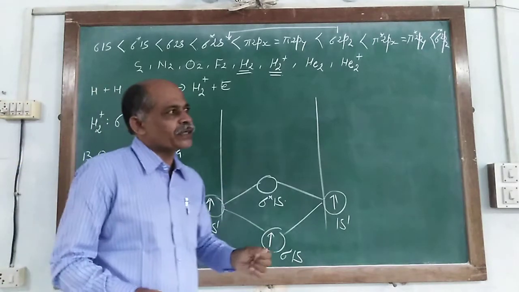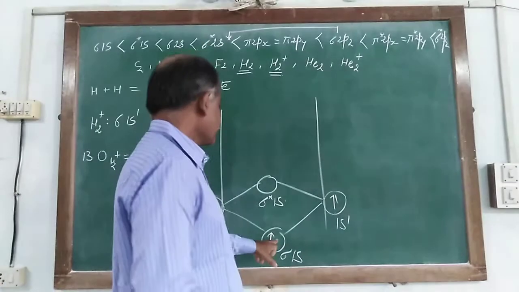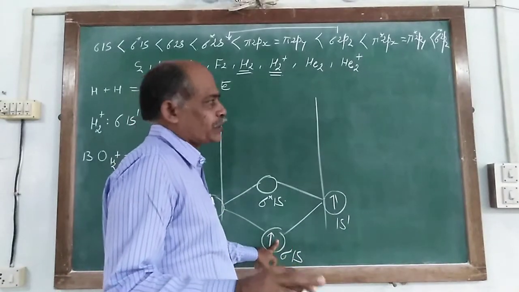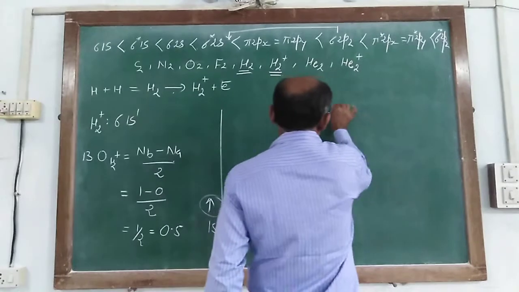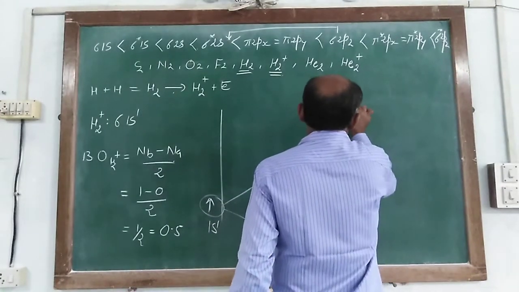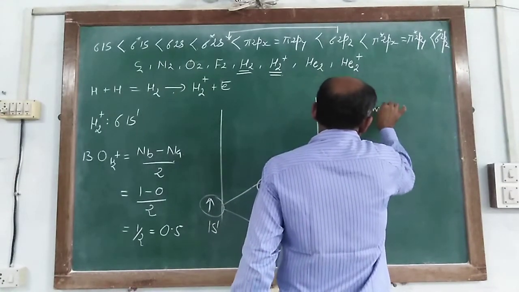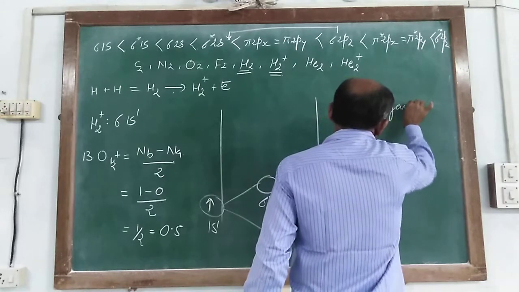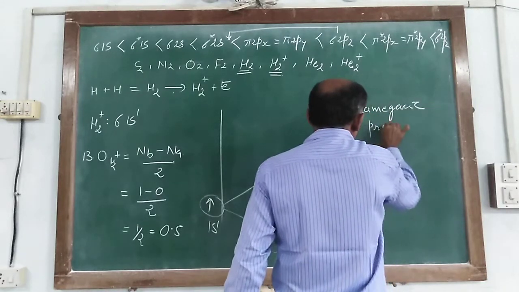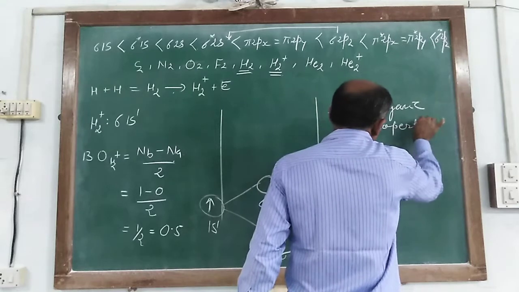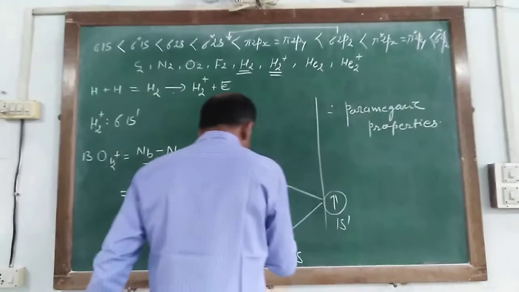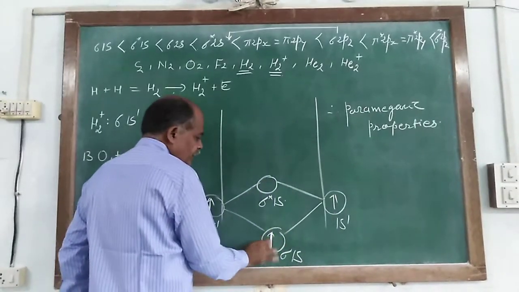According to magnetic properties, it has one unpaired electron, so it possesses paramagnetic property.